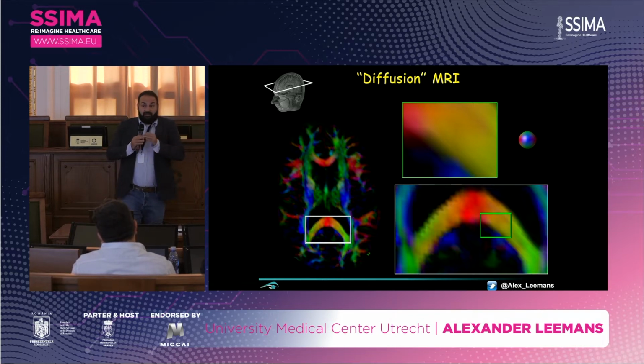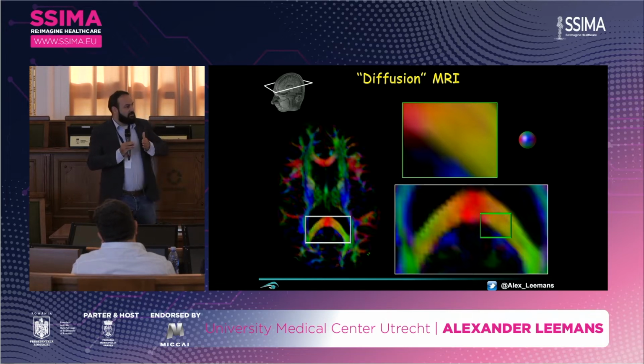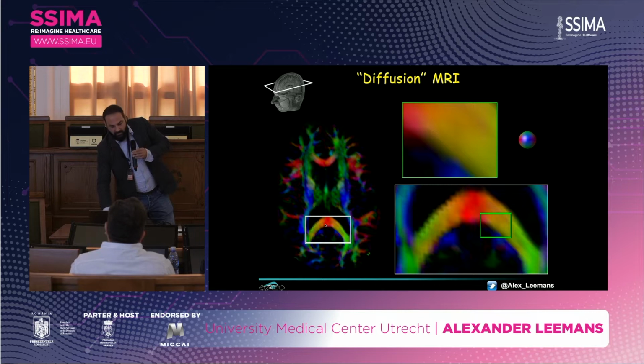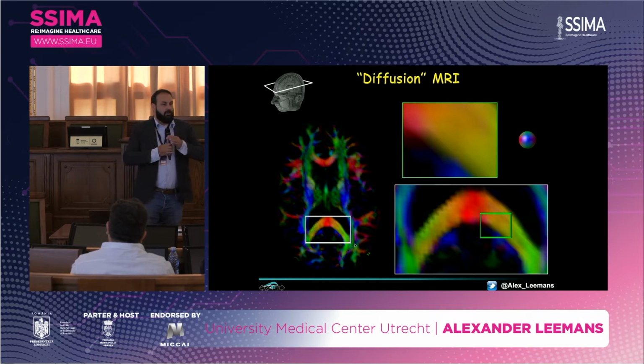Well, that means that there's a clear underlying microstructural architecture going in a specific orientation, and focus on this structure. It really pops out here, right? Well, this is part of the corpus callosum, connecting left and right hemispheres. So that's what you see over here in red, left-right. And here it's actually arcing a bit to the back, so it becomes more greenish. And obviously all the other colors are just intermediate orientations. Okay?